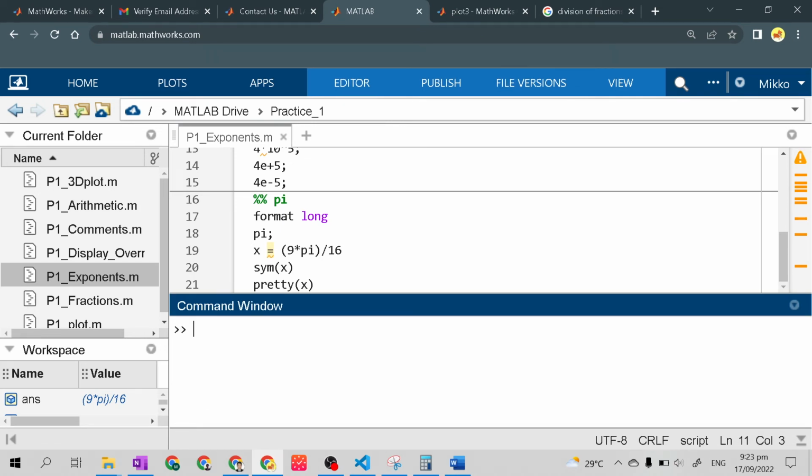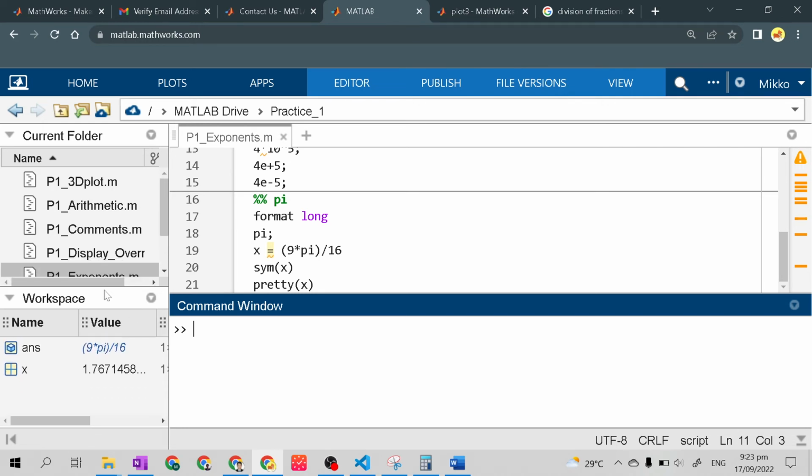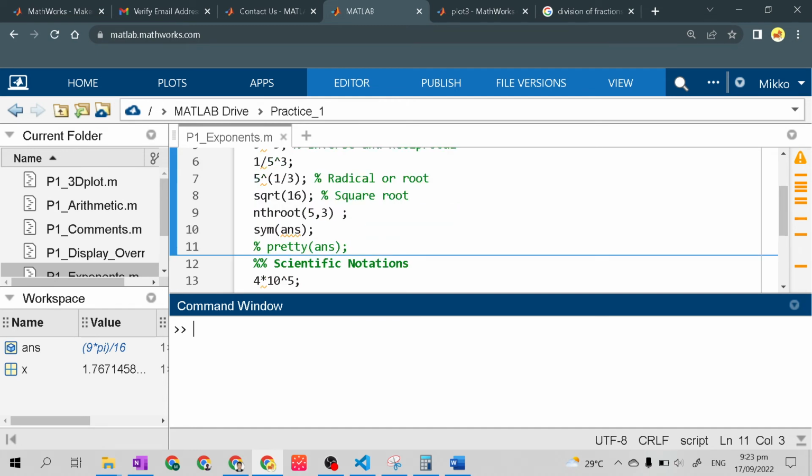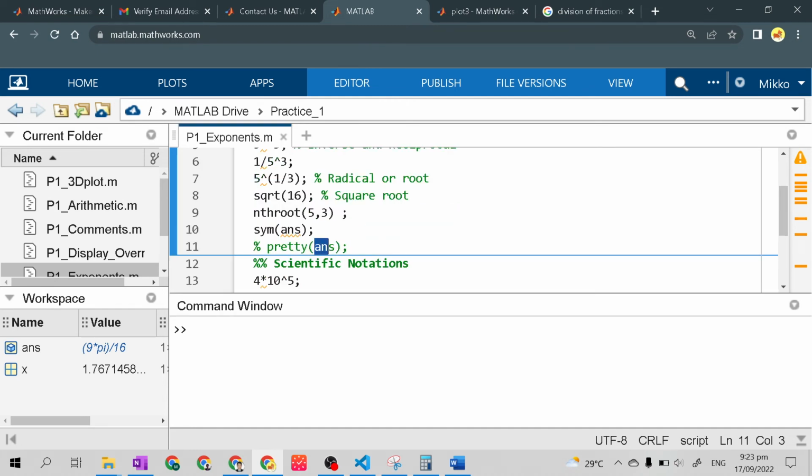I think the problem is the answer comment, because there's a variable answer and it already has a pretty syntax, but this is for this operation.